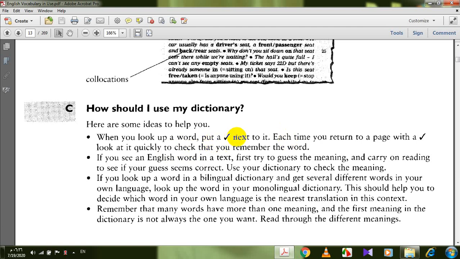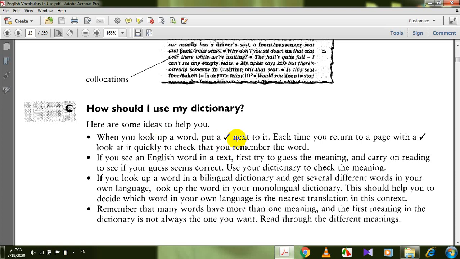This is a good idea for you as a learner of a language: if you look up a word in a dictionary, just try to tick it, underline it, even highlight it, so that if you have forgotten it and you check it up again, you know that one day you have checked it up.